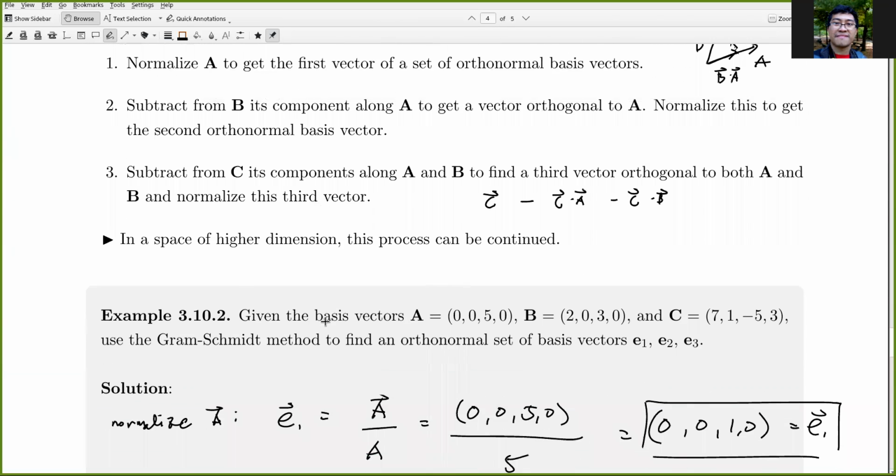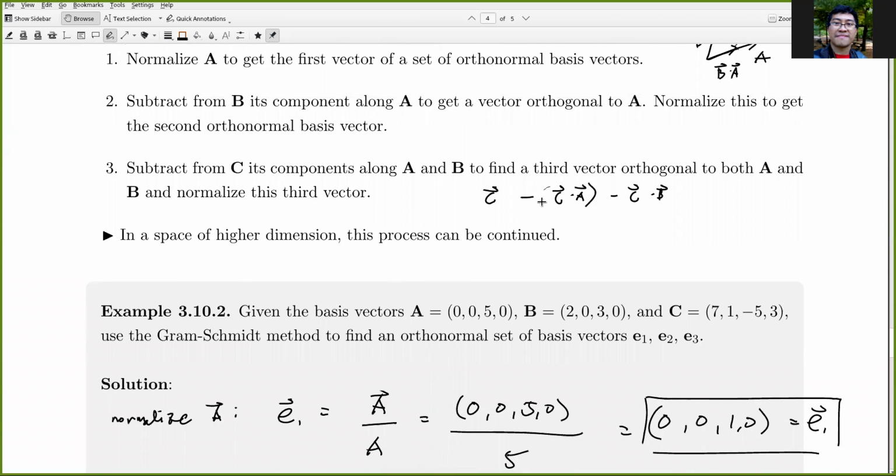By the way, this is not a vector, so we will need a direction of A.